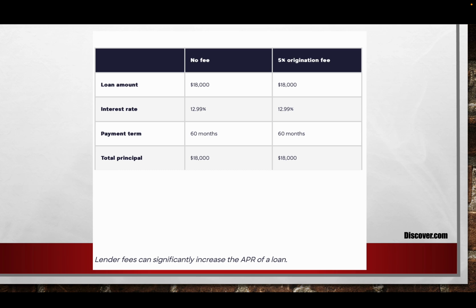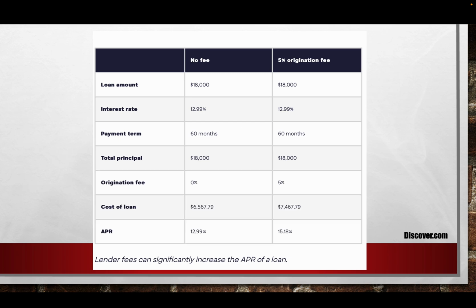So let's go over an example of what that might look like. Let's say our loan amount is $18,000. We have an interest rate stated of 12.99%, and the payment term is 60 months. However, there is an origination fee included in this loan that, looking at the interest rate, we wouldn't know about.